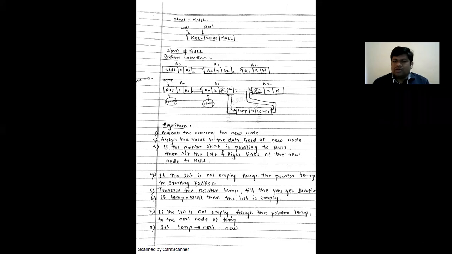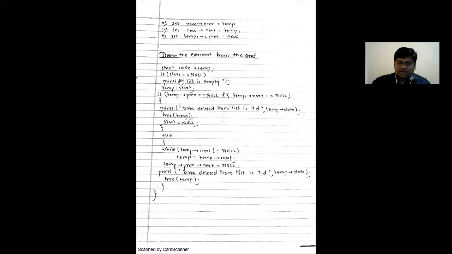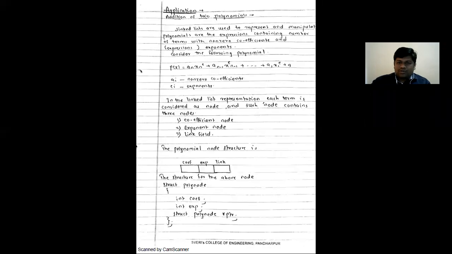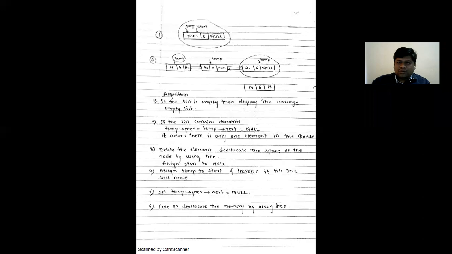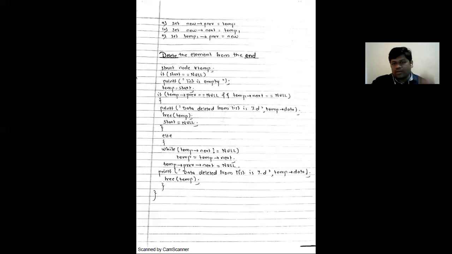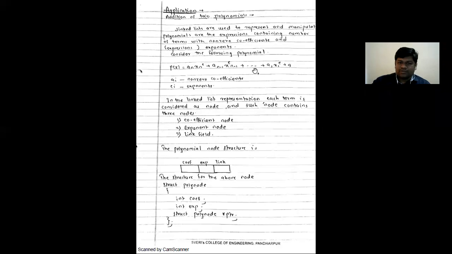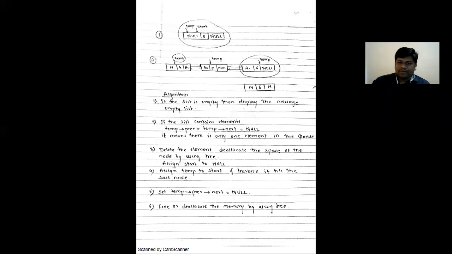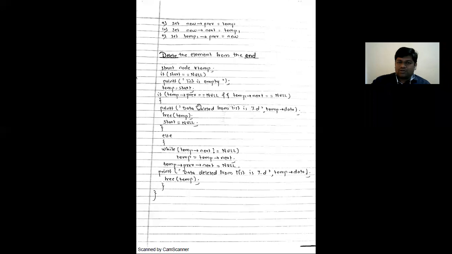Okay, good. Now we'll see the delete operation. Next operation is to delete the element from the end, right? Suppose if you want to delete the element from the end.